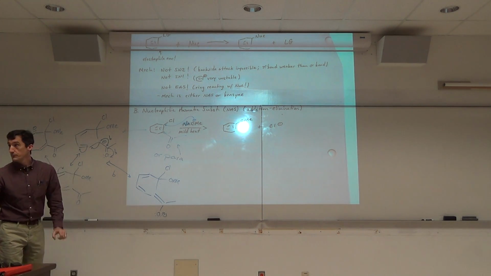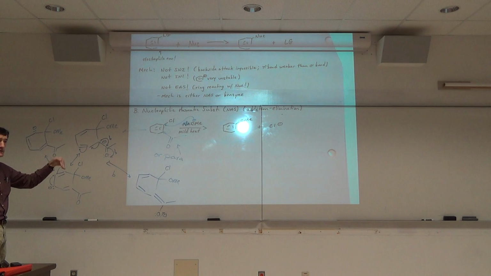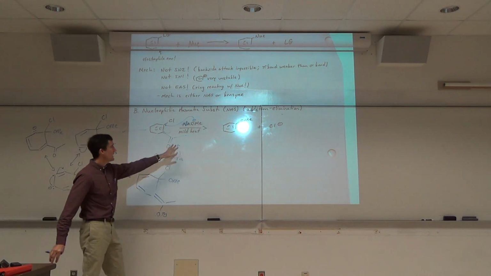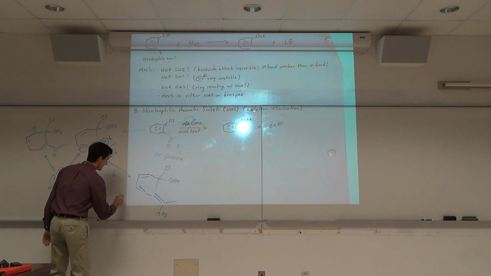Yes. Putting that minus on an electronegative oxygen really stabilizes the intermediate. And now it will actually work. What we take from that is now the intermediate is stable enough that it can be formed in the rate determining step at a reasonably mild temperature. So this is your major resonance structure.